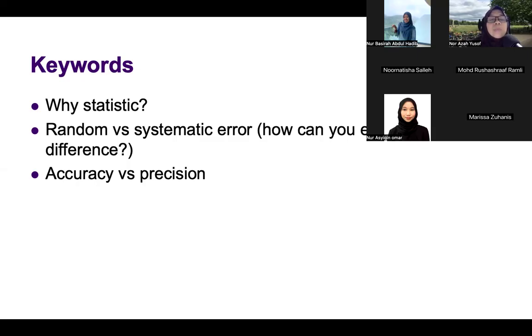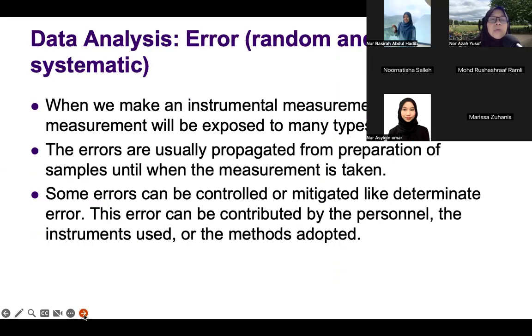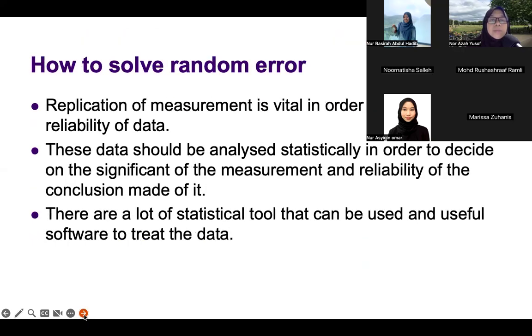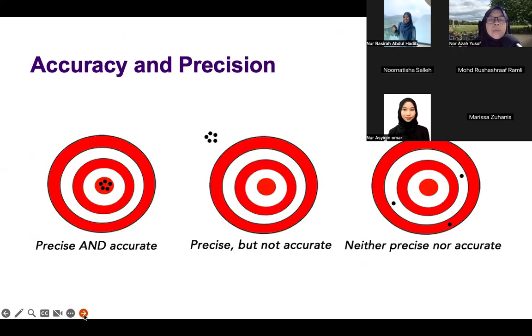Okay, and the next one we discussed is properly defining accuracy and precision. So I hope by now you have got all these keywords, the importance of statistics, and that due to random error, it's very important to treat your data so that you have a good conclusion, and understanding accuracy and precision. These pictures tell a story about precision and accuracy.